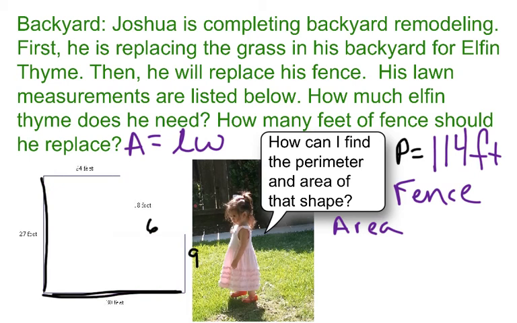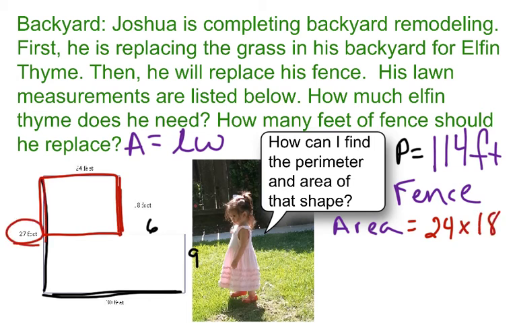So when I have a look at my shapes, I have one rectangle that is 24 feet by 18. Not 24 by 27 because that is this entire side. So be careful with things like that.